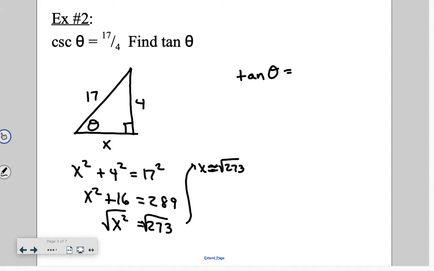Which means the tangent then is now what over what? 4 over the square root of 273. And as always, I'm going to have you rationalize the denominator anytime there's a square root. How do I rationalize that? Just multiply by the radical. Multiply top and bottom by that square root. So we multiply by the square root of 273 on top and bottom.